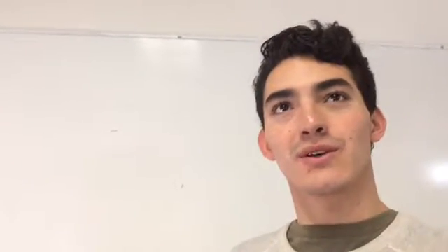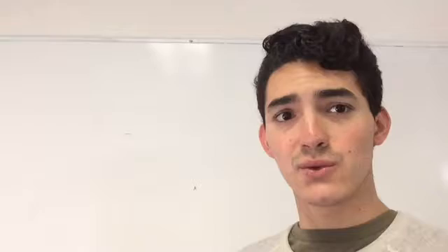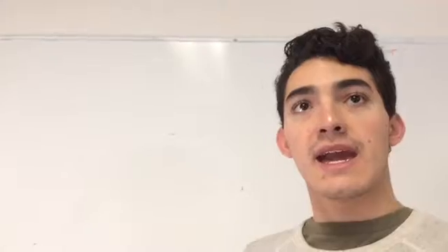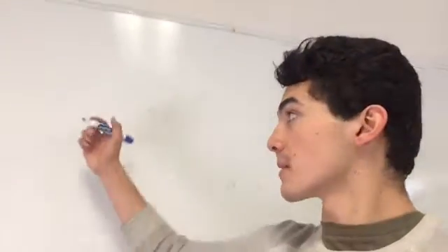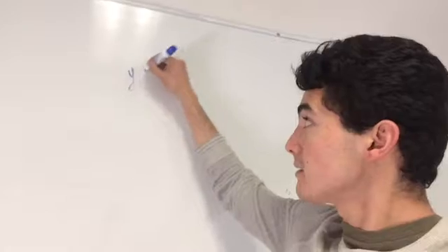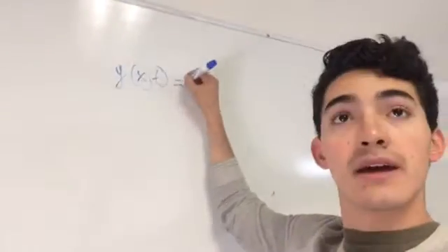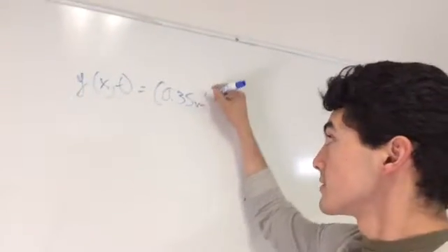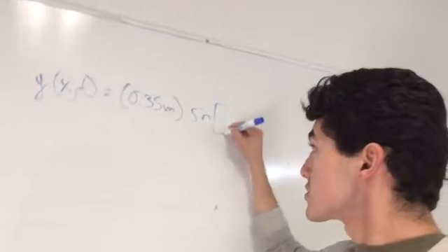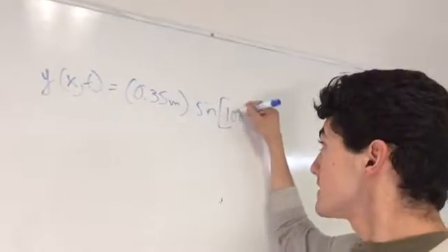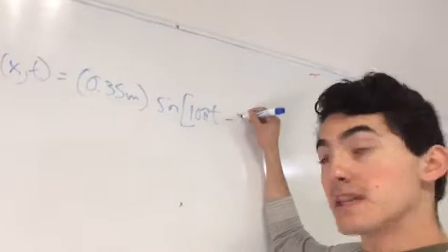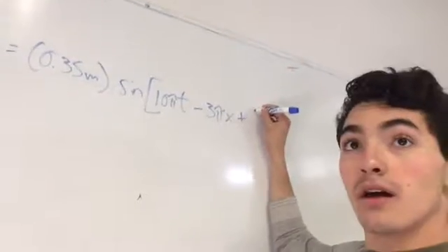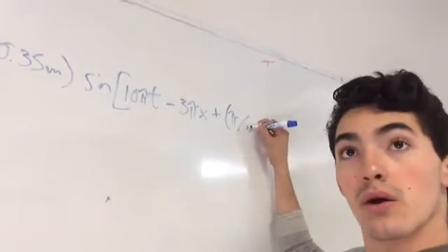Hi, I'm going to solve quiz 3 from week 7 of Physics 2. The wave function of a wave on a taut spring is y(x,t) = 0.35 meters times sine of (10π t − 3π x + π/4).